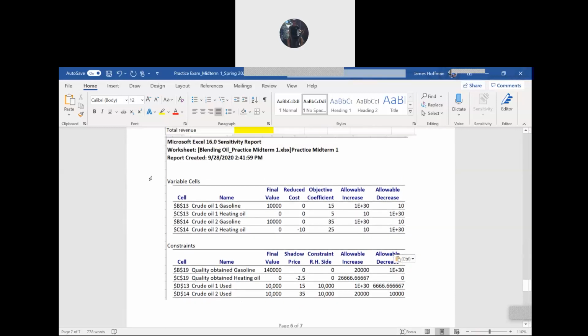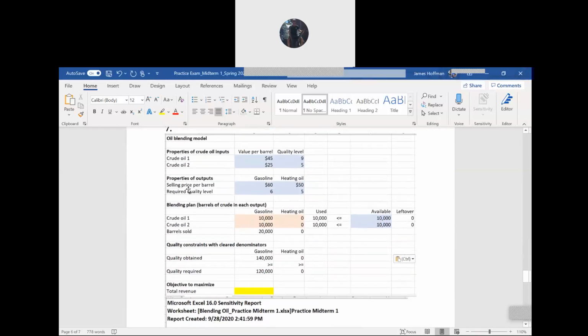All right, so we have 4 constraints. We can't use more crude oil than we have available for each type, and then we have to meet the quality constraint for each type. So crude oil 1 used and crude oil 2 used have to be less than or equal to what we have available.